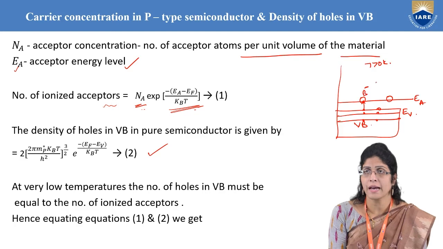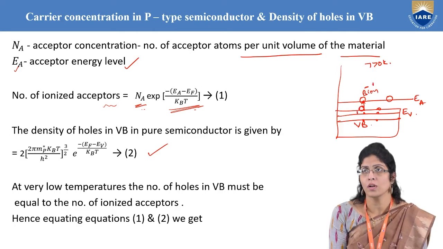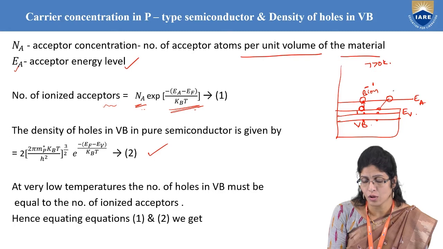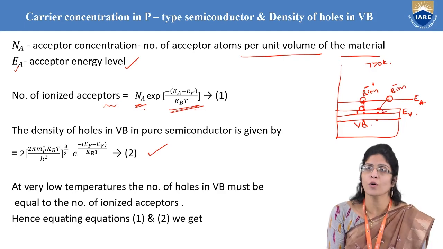Then it will turn into a negative ion, and this will leave a hole. So now one boron ion, one hole. As you keep raising the temperature, the second electron will be accepted by the second boron atom, turning it into a boron ion, and you have the second hole. So two holes, two boron ions.